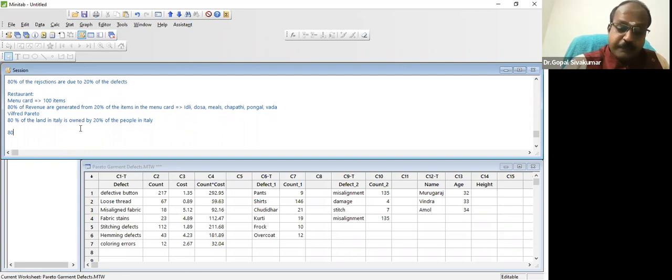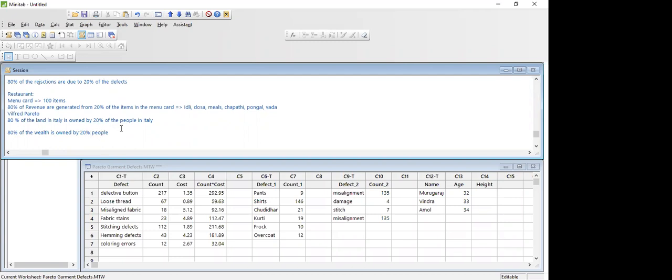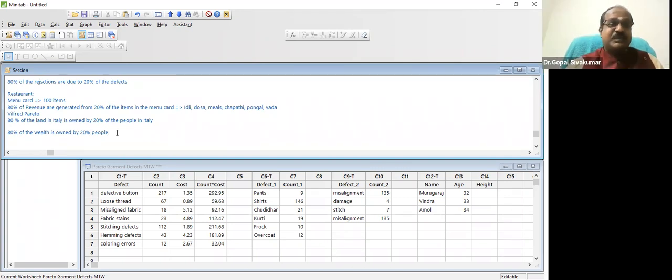Similarly, in India, 80% of the wealth is owned by 20% of the people or 20 people. Shall I put 20% or 20? 20%. Okay. All right. So optimistic, 20%.